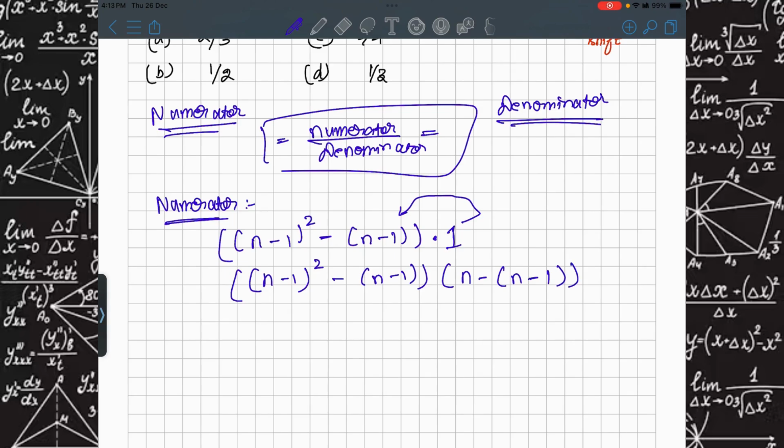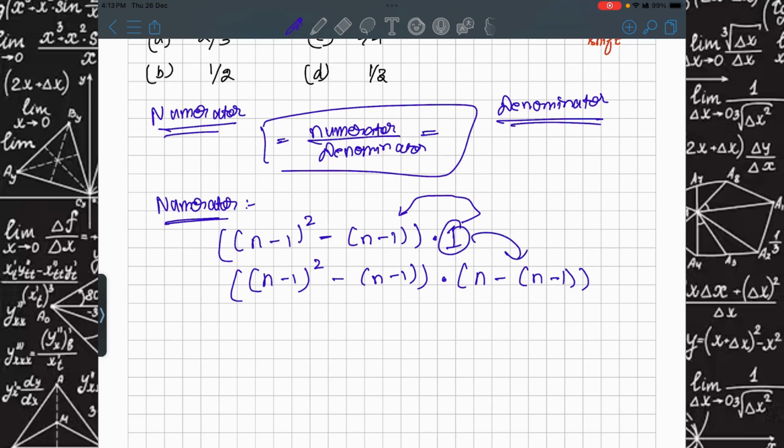It will equate to 1 again, so we can write this in this form as well. So let me rewrite it. We can write this as n minus of n minus 1.